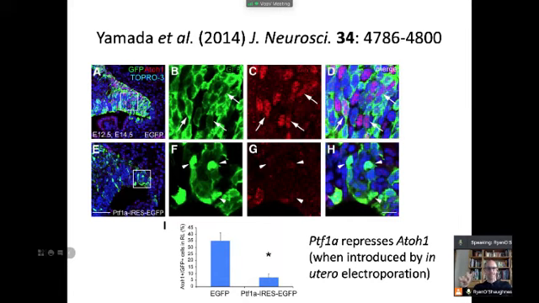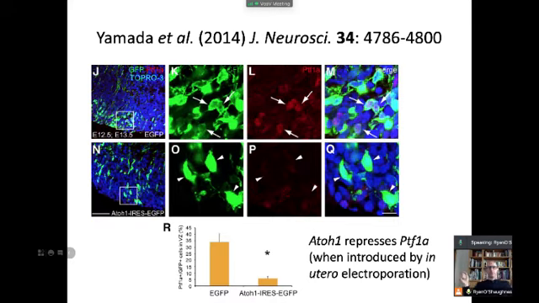So that's actually going into the developing embryo in the mouse and then zapping the PTF1A, which remember is a pancreas specifying gene, into the area of developing cerebellum. We see less of this ATOH1 expression.